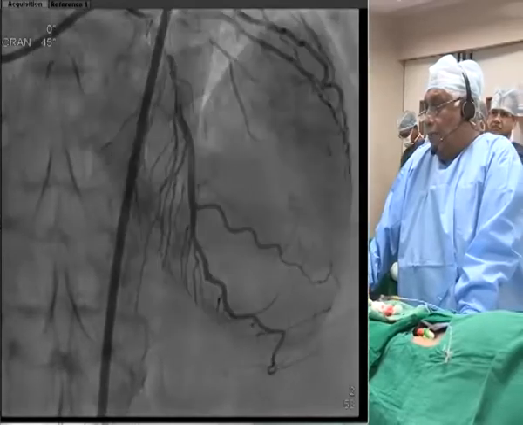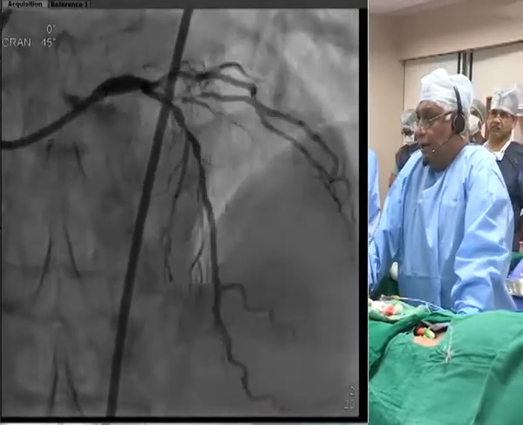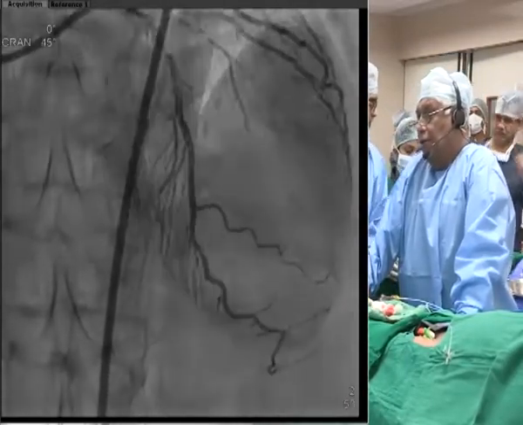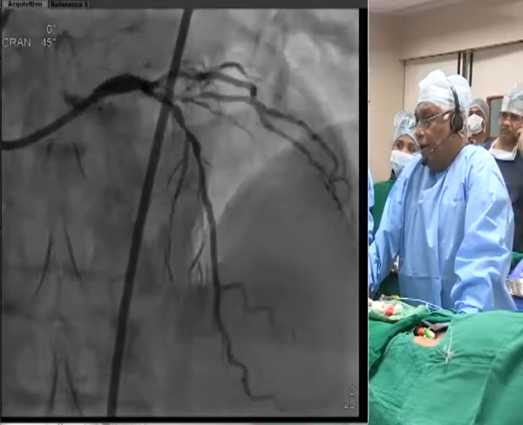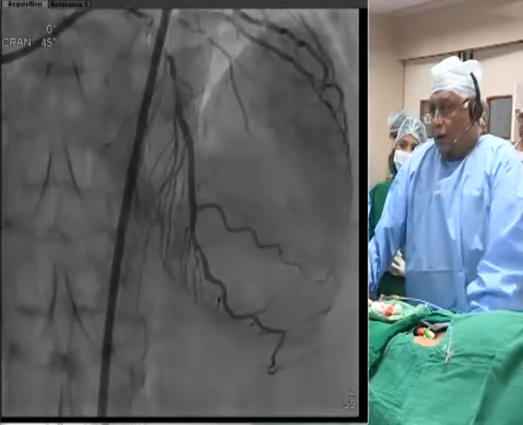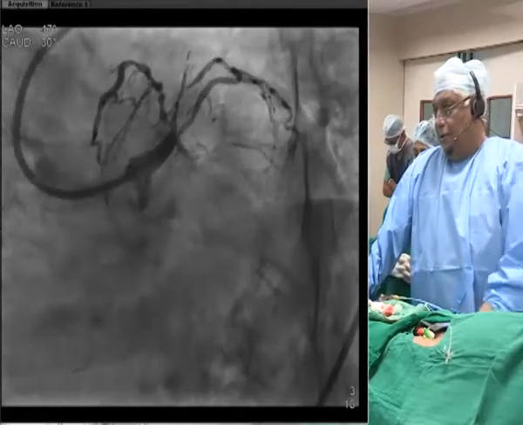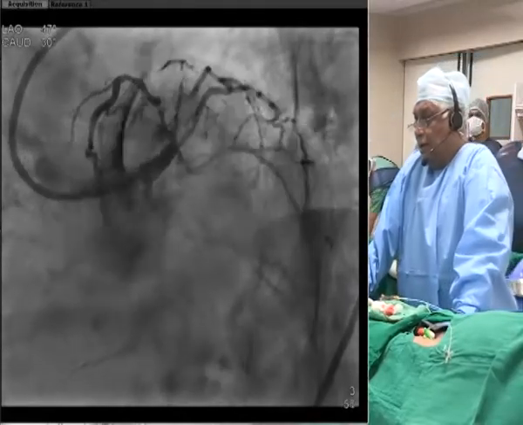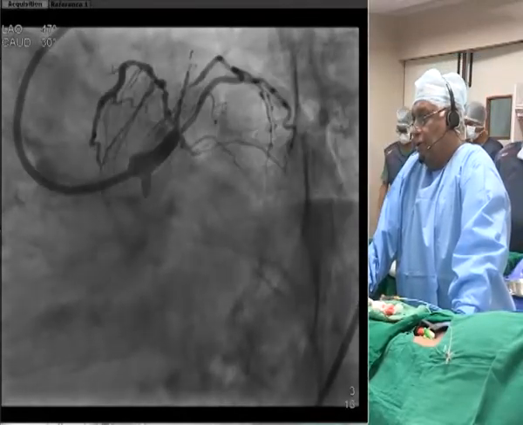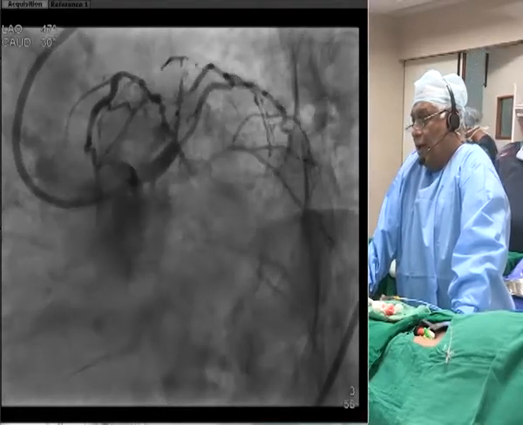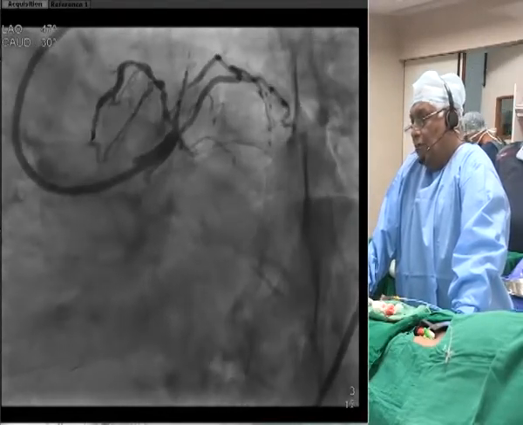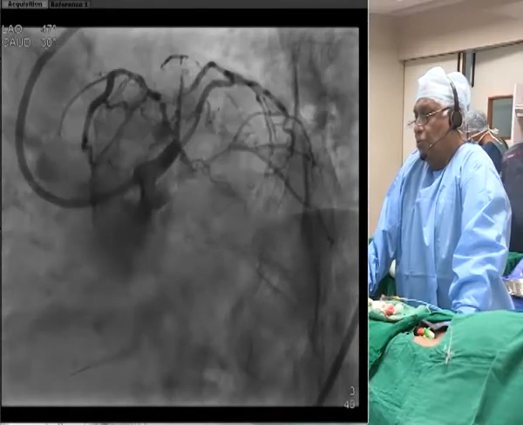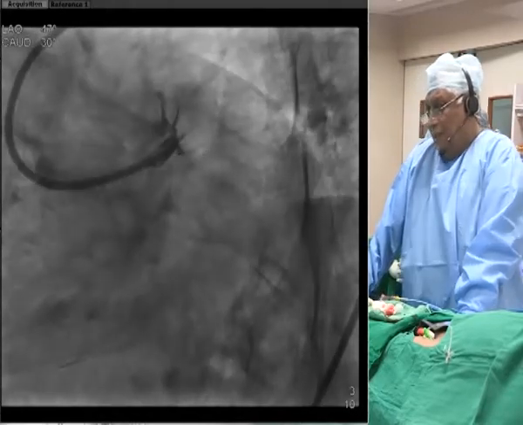It appears that the diagonal origin is a little distal. But when you go to the LAO caudal, you realize that is a fallacy which we saw in the epicranial. And the diagonal is virtually originating close to the ostium itself. Correct.